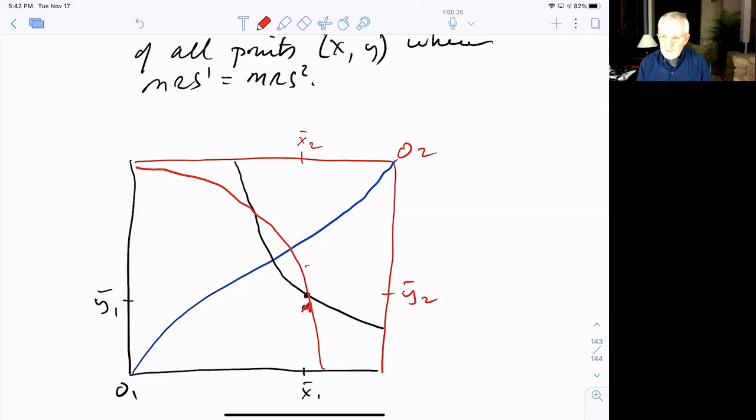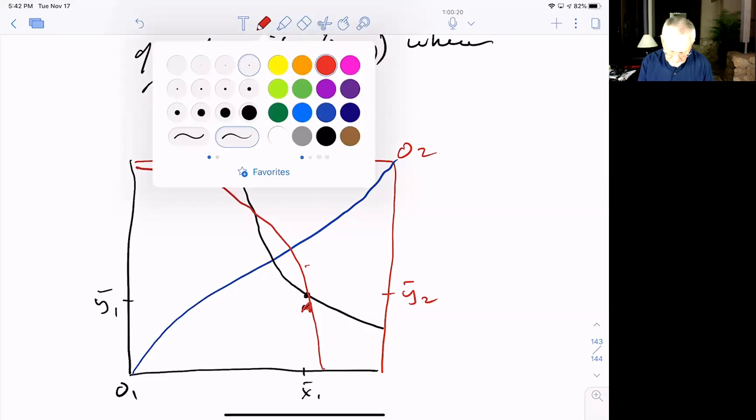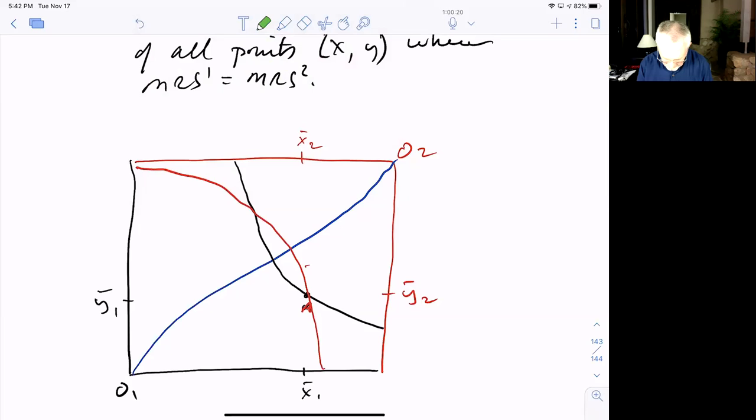Where they're going to go, they're going to trade as long as their marginal rates of substitution are equal. And they're going to end up then at some point on the contract curve between those two initial utility indifference curves, between these intersection points here.